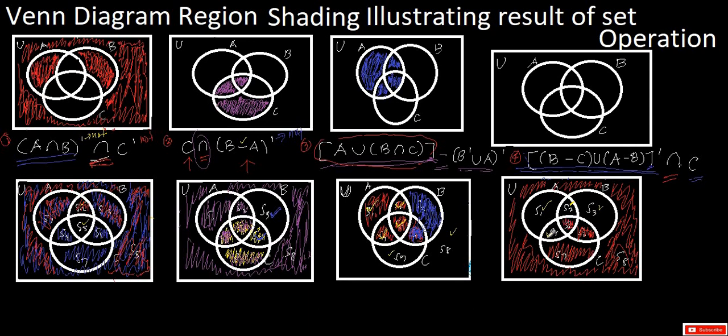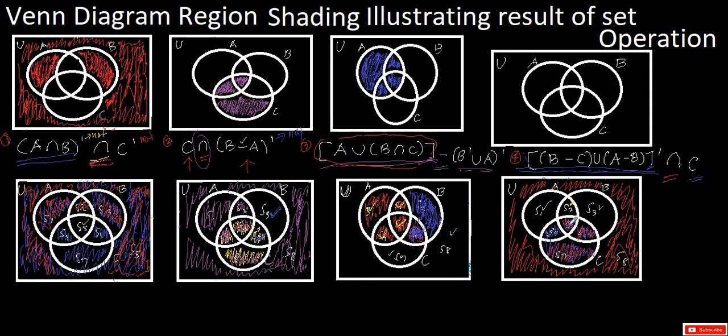We have S sub 4, S sub 5, S sub 6, and S sub 7. So, as I have said, the result of the intersection are the regions in which the two colors overlap.